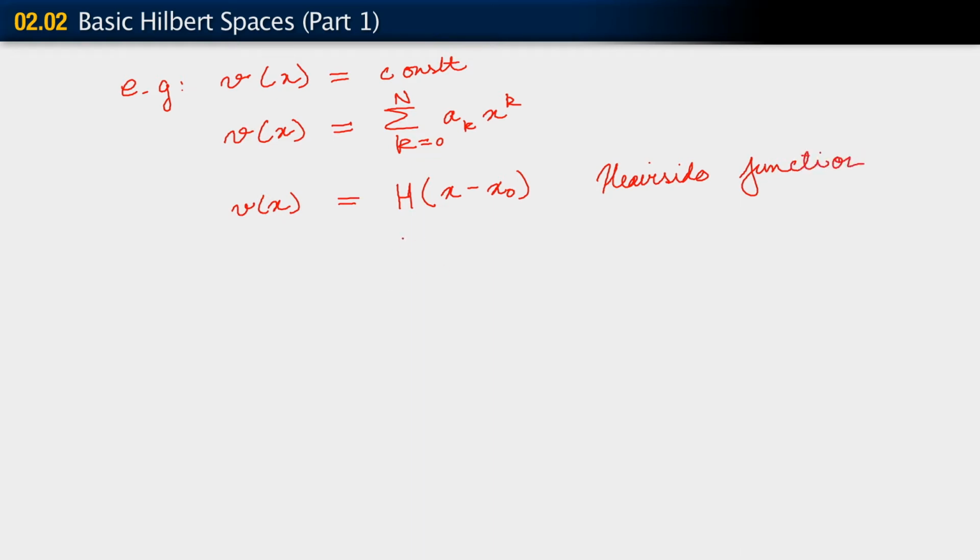So this function looks like this. If this is x and this is v, and that is the point x naught, then v is that function.